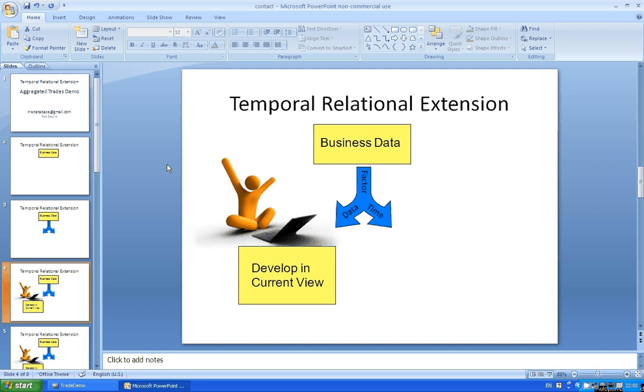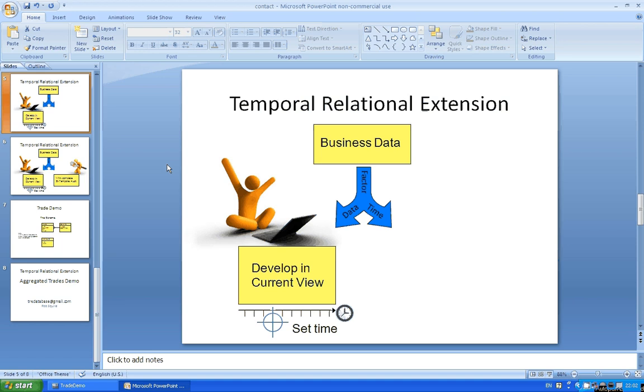This is the model that we develop in. The only thing that TRE demands over and above the current view is that we tell TRE what the time is before we perform our operation. Before we perform an insert, update or delete, we just set the time.